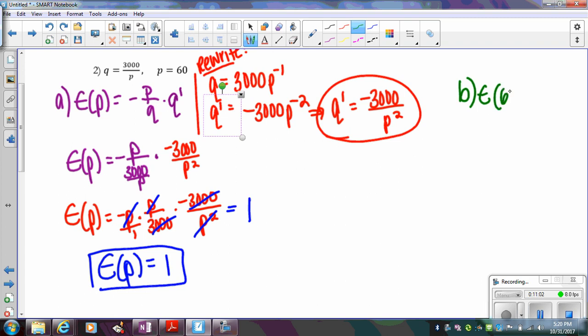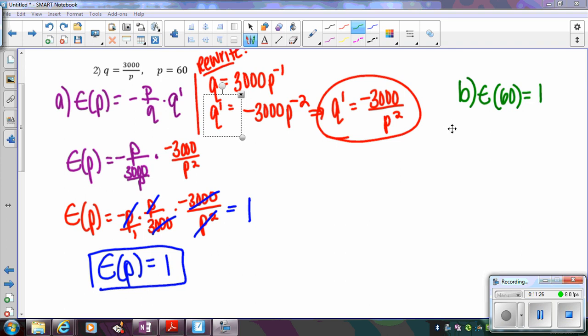If I plug in 60, it's not going to do anything. It's just going to keep it as 1. Since this function is equaling 1, it's unit elastic, so that tells us that the revenue is unaffected. That's why you're seeing 1 again.